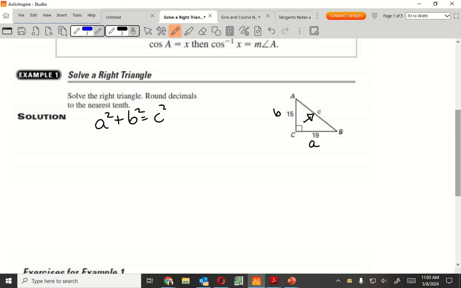So now we're going to go ahead and plug everything into my Pythagorean theorem. And I'm going to have 19 squared plus 15 squared equals c squared. And then we're going to take out our calculators.